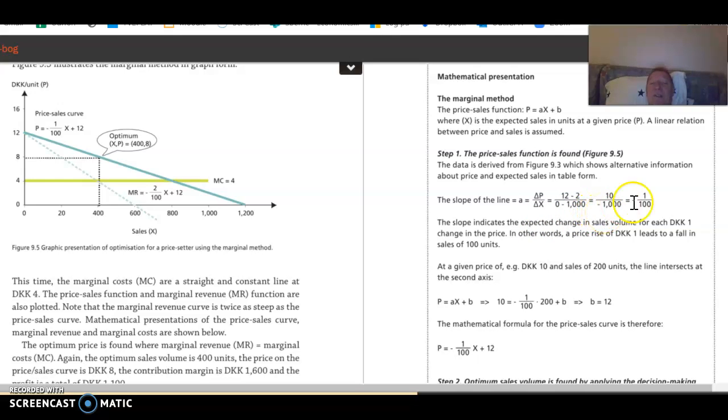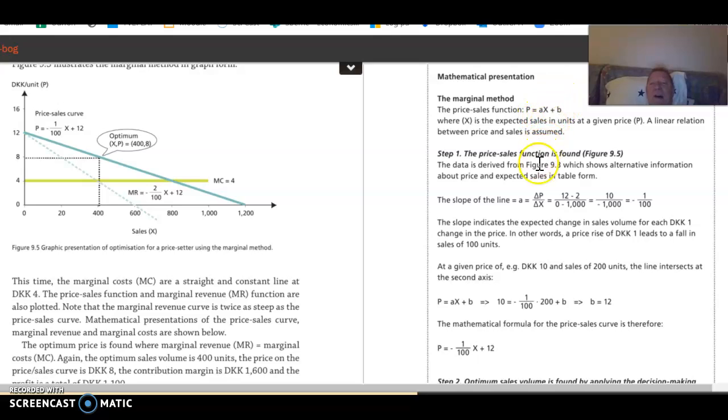So it is 1 divided by 100 with a minus in front. That is the slope. That is the way to calculate the slope: the change in price between the 2 points divided by the change in volume. And always with the minus because the slope is always negative. So now you know the A here.